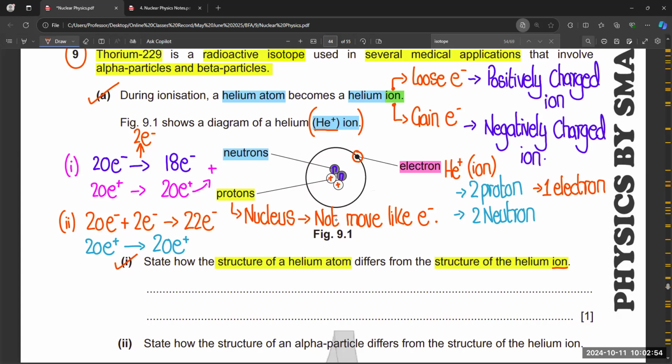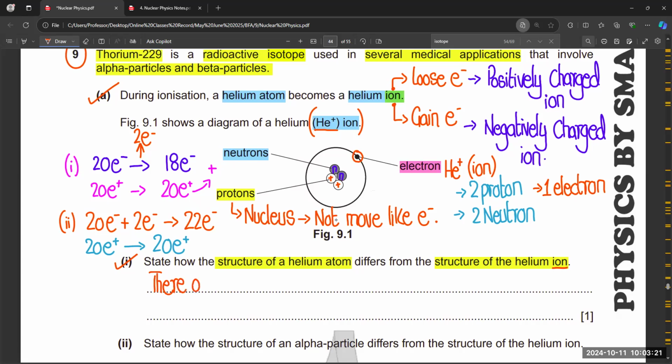So according to the diagram, we can answer the first part, that in the structure of helium atom we have two electrons, but in helium ion we have only one electron. So helium ion has deficiency of electron as compared to helium atom. Clear? Yes, sir.